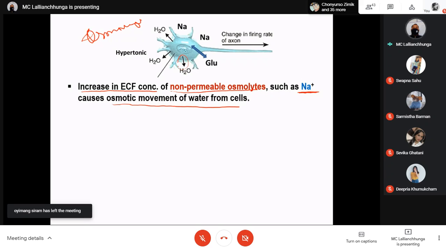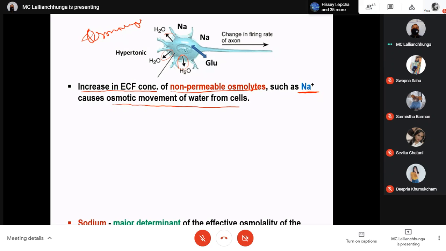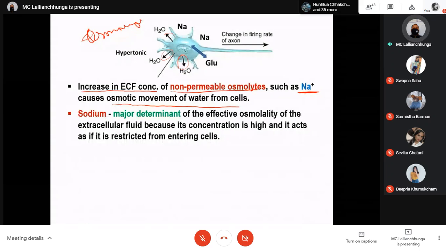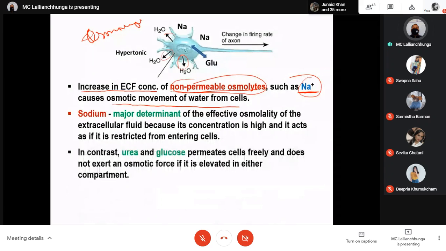Here you can see water will move out of the cell, so water is lost from the cells, because water will always try to move from lower solute concentration to higher. So sodium is the major determinant of the effective osmolality of the extracellular fluid, because its concentration is high and it acts as if it is restricted from entering the cells. Sodium is a non-permeable osmolyte. It cannot enter the cell, so that is causing osmosis of water.